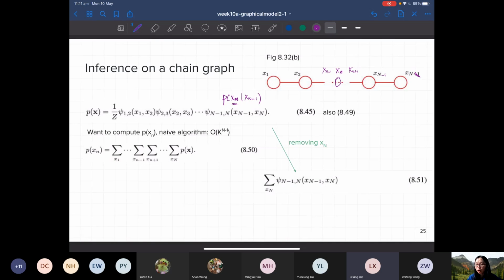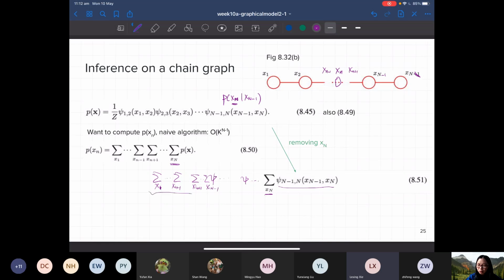So we can essentially move this summation over x big N to just this last potential term, right? There's a bunch of phi's in front, and we can still sum over all these things from x1 to xn minus 1 and xn plus 1 all the way to x big N minus 1.